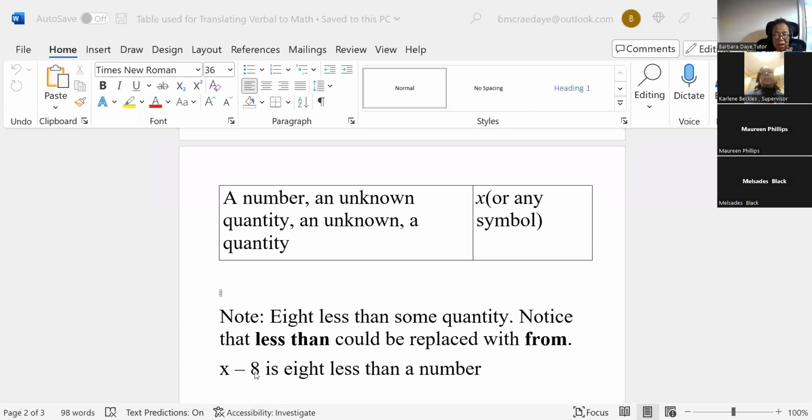That means you're subtracting the 8 from something. Got it? Yes. Because this is one that you sometimes get mixed up. 8 less than a number means that 8 is subtracted. 5 less than a number, 4 less than a number, that number is being subtracted from some quantity. Got it?